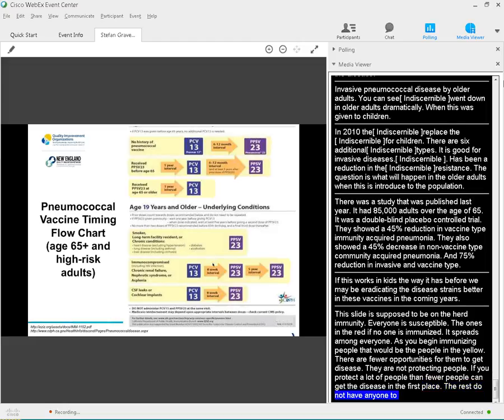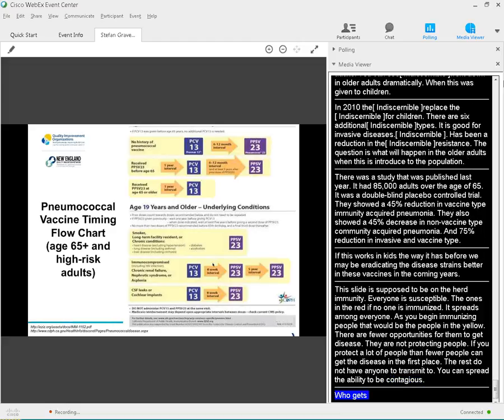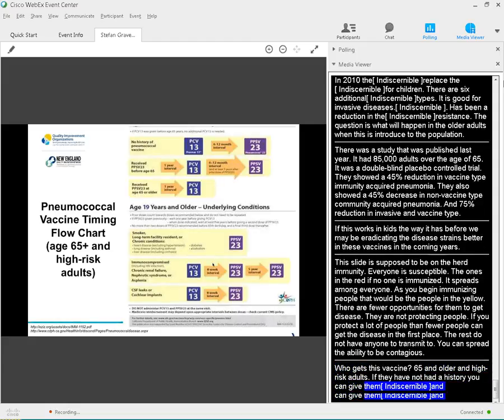So who gets the pneumococcal vaccine? This is age 65 and older and high-risk adults. If they haven't had a history of pneumococcal vaccine, you can give them the PCV13, wait 6 months to a year, and then you can give them PPSV23.